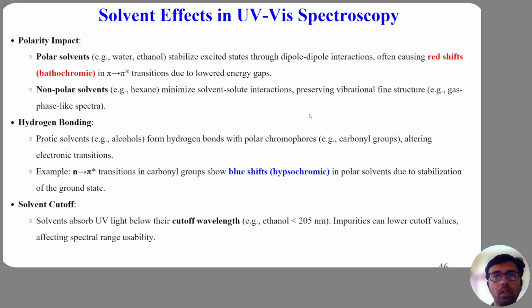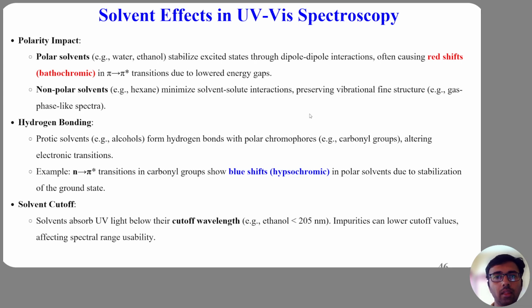They achieve this through dipole-dipole interactions. Excited states often possess larger dipole moments than ground states. Because of this, polar solvent molecules align themselves around the excited molecule and lower its energy.